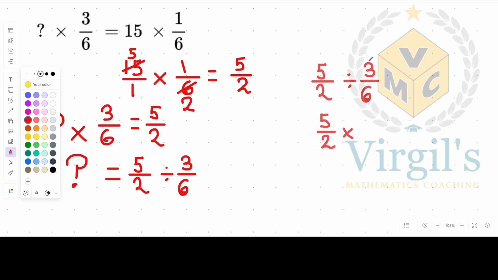So that's why we flip this fraction, because we're dividing by that. Some people like to say the fraction on the right-hand side, but I prefer to say whatever you're dividing by. So we need to flip the 3/6, not the 5 over 2, otherwise you will get a wrong answer. So we're going to put the 6 on top, and we're going to put the 3 below.